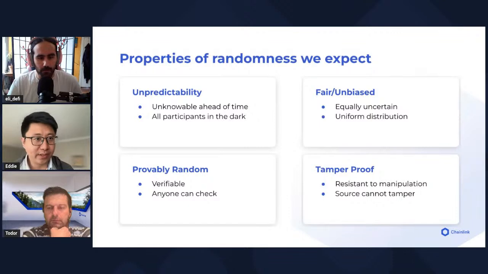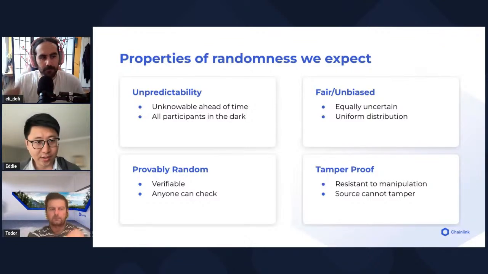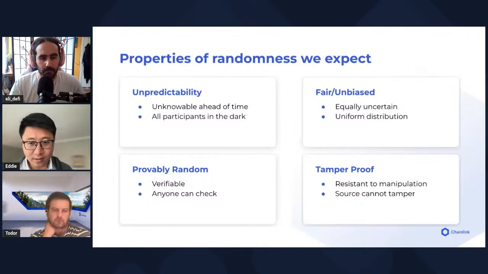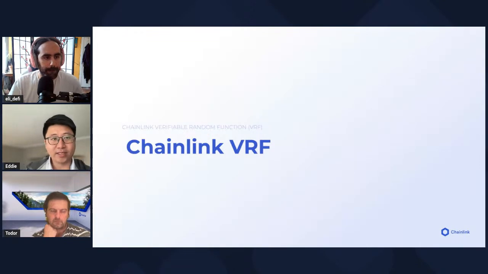This is particularly important because Chainlink is known for providing high-standard security solutions to all these use cases. So we want the source to be unimpacted by tampering, and the output shouldn't be possible to alter for manipulation. With all these properties, we decided to build Chainlink VRF.